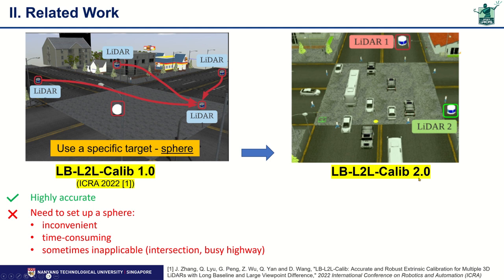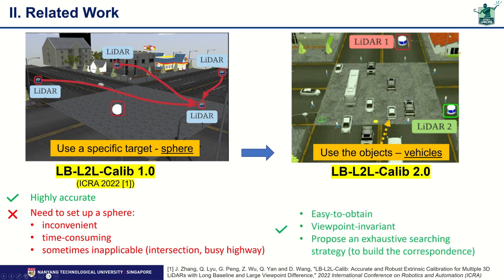So in the 2.0 version, we observed that the bounding box of the objects is a very good common feature, because the bounding box center is viewpoint invariant and the vehicles are easy to obtain in the traffic scenario. Moreover, we propose an exhaustive searching strategy to build the correspondence between the different LiDARs.